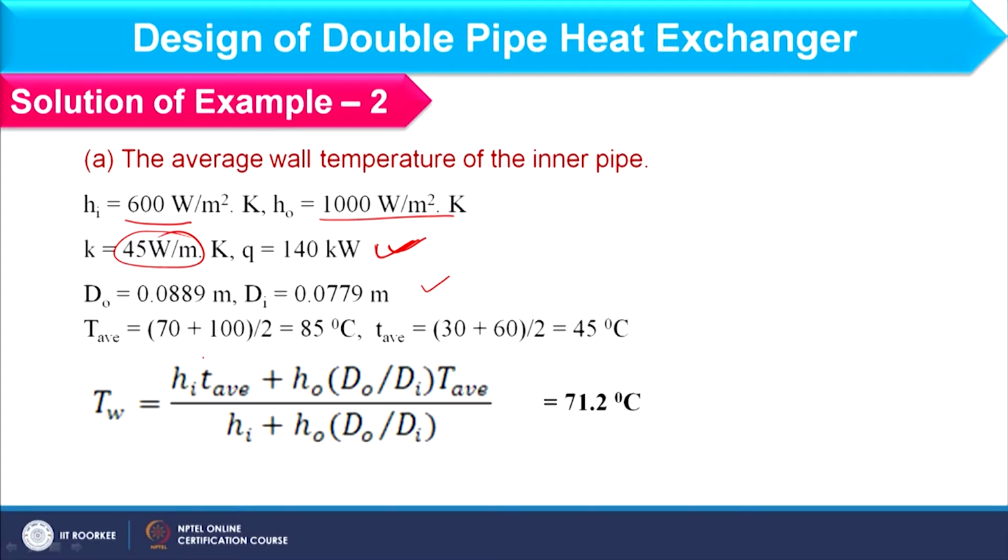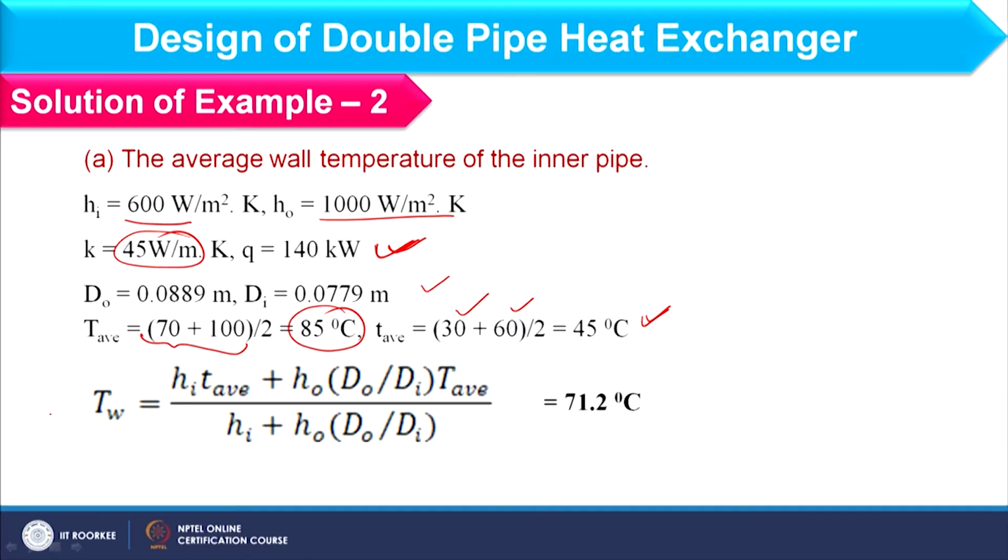Average temperature depends on the terminal temperature, and for both fluids you know the terminal temperatures. So, the average temperature of hot fluid comes as 85 degrees Celsius, and for the cold fluid, with terminal temperatures of 30 and 60 degrees Celsius, the average temperature is 45 degrees Celsius.